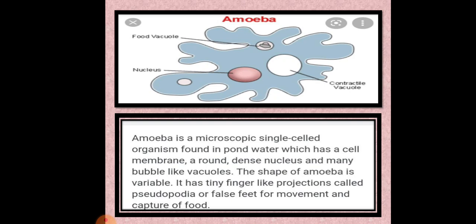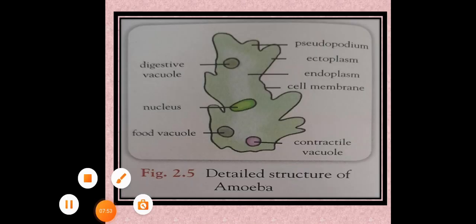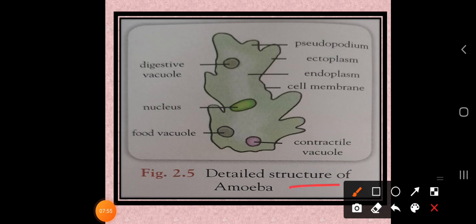Let us learn how the amoeba takes nutrition in the Holozoic mode of nutrition. Let's start. Dear students, you can see this image. This is a detailed structure of the amoeba. Here this is the pseudopodia, which you can call the finger part of the amoeba. It has a digestive vacuole, and like any cell organism it has a nucleus.